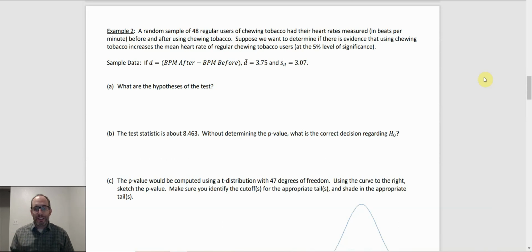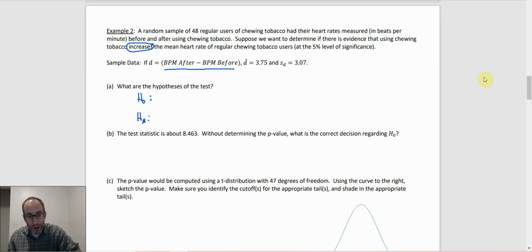And that's the justification for having a one-sided alternative here, because there's no way you'd expect a decrease. So increase is the key as far as setting up the hypotheses is concerned, because if we're thinking of the difference, like it says here, as after minus before, then an increase would be a positive value.